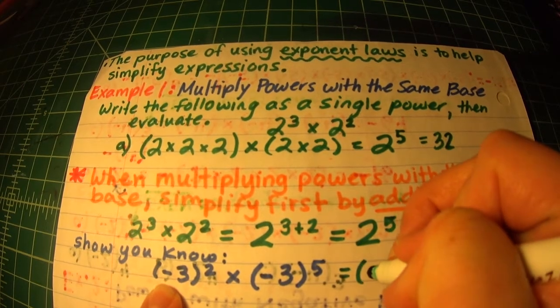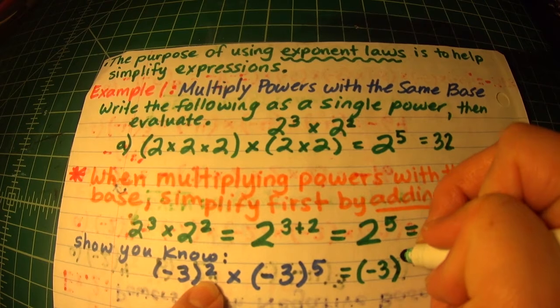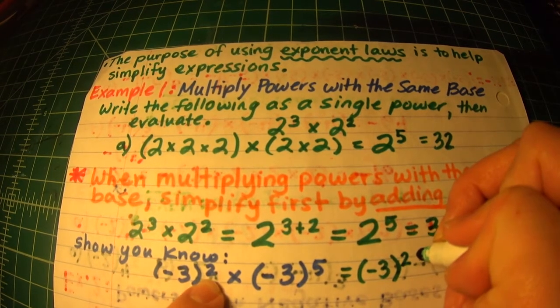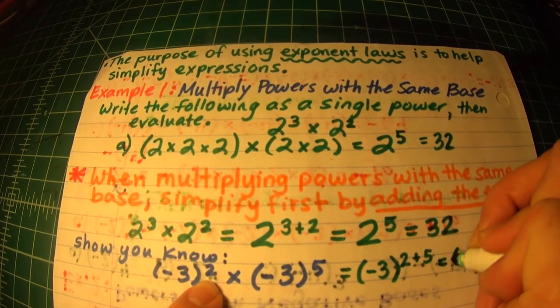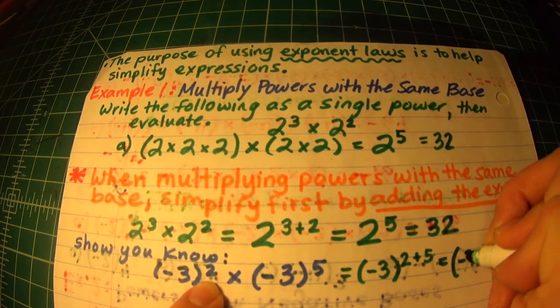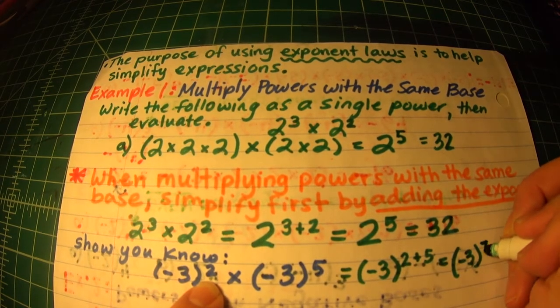So -3 will still be our base, and we can just simply add the exponents. So 2 plus 5. So this turns into (-3) exponent 7.